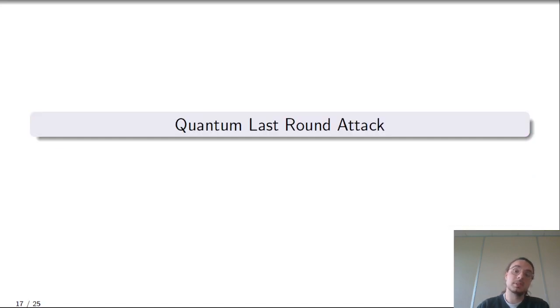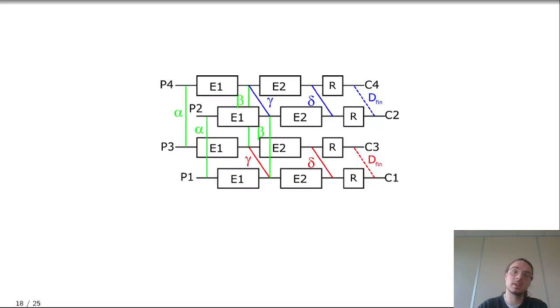Then on the distinguisher we didn't have to do much, but for the last round attack the procedure was more complex, and so is the quantum version. So to remind the last round attack, there were three steps: getting this event to happen, computing k_out with the last round, and guessing the rest.